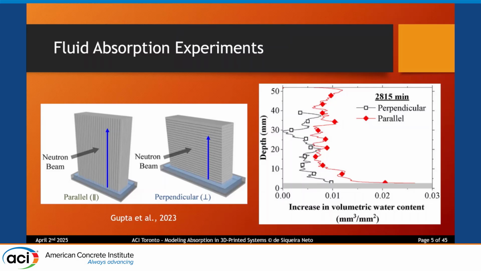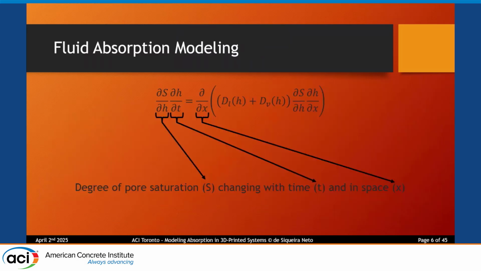And we looked at these printed samples in two orientations, with the layers parallel and perpendicular to the main absorption direction. While the plot shows a noticeable and significant difference in the fluid intake depending on the orientation of these layers, it was very challenging to identify and quantify the contribution of the filament layers and of the interface layers to the transfer patterns that happen in these systems.